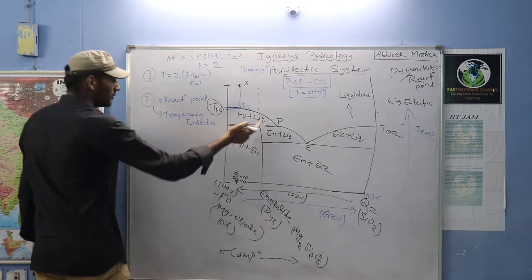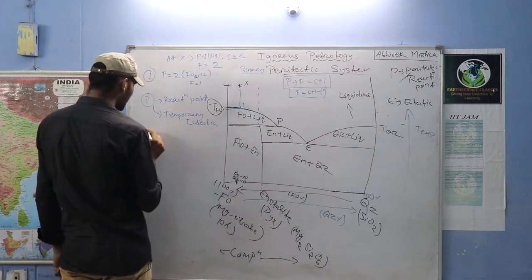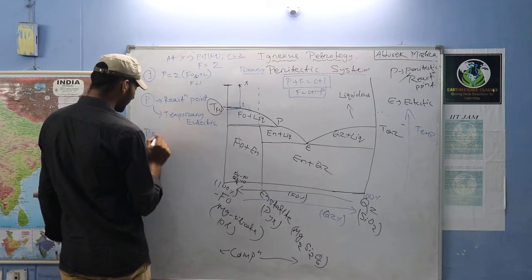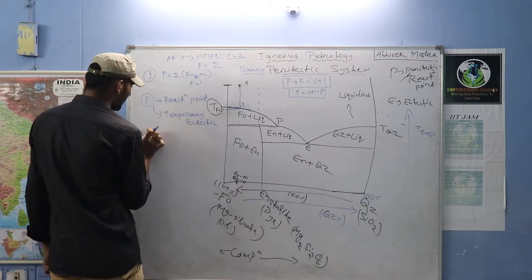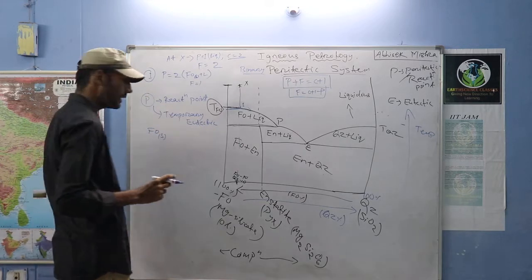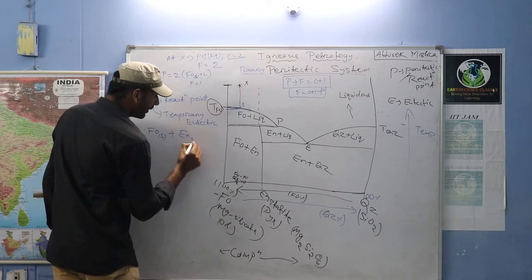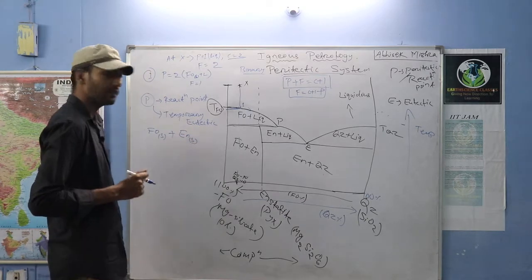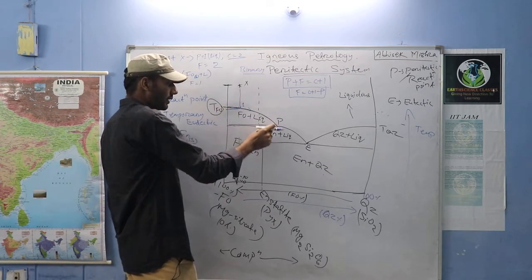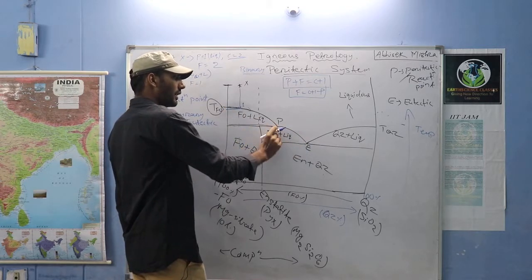Let's see. When the magma touches P, what happens here? Forsterite is crystallizing, as well as there will be formation of enstatite. This is the common point between the forsterite liquidus and the enstatite liquidus.